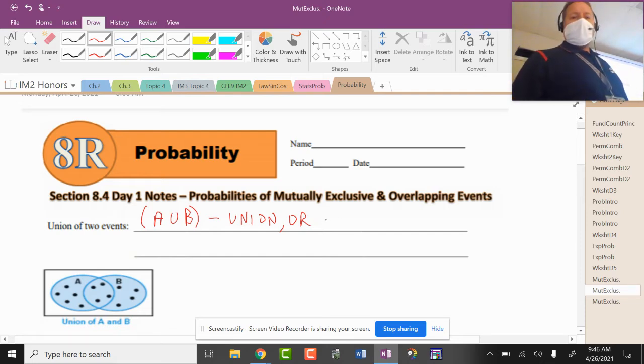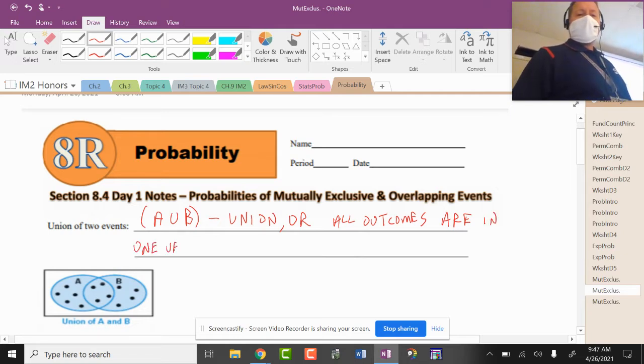and this means that all outcomes are in one event. Whoa, where'd I lose my E there? We'll call that event A with that little situation up there.